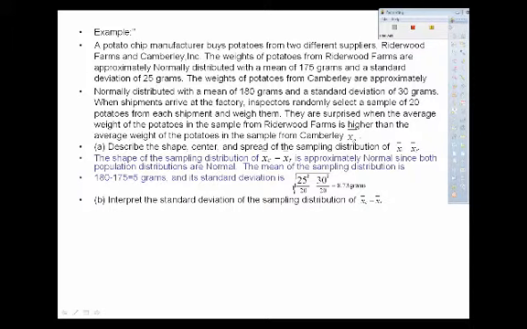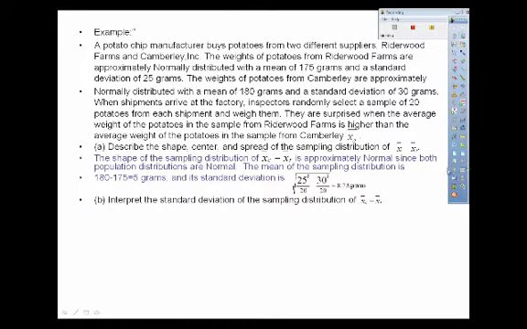The weights of potatoes from Camberley are approximately normally distributed with a mean of 180 grams and a standard deviation of 30 grams. When shipments arrive at the factory, inspectors randomly select a sample of 20 potatoes from each shipment and weigh them. They are surprised when the average weight of the potatoes in the sample from Ryder Farms is higher than the average weight of the potatoes in the sample from Camberley.